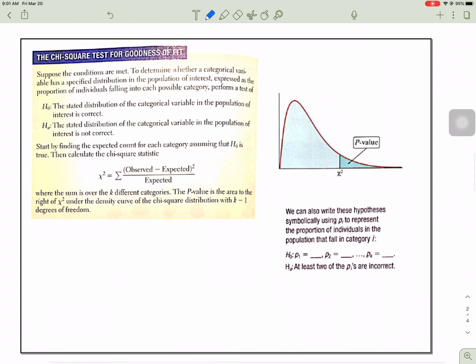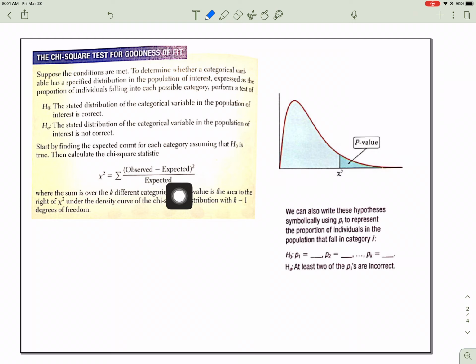Okay, so just a recap of what the chi-square test for goodness of fit looks like. If conditions are met, to determine whether a categorical variable has a specified distribution in the population of interest, we use the following hypotheses. Null: assume that whatever distribution they state is correct. And alternatively, what we're looking for evidence for, remember we're trying to reject the null and find evidence for the alternative, is that whatever distribution was stated is not correct.